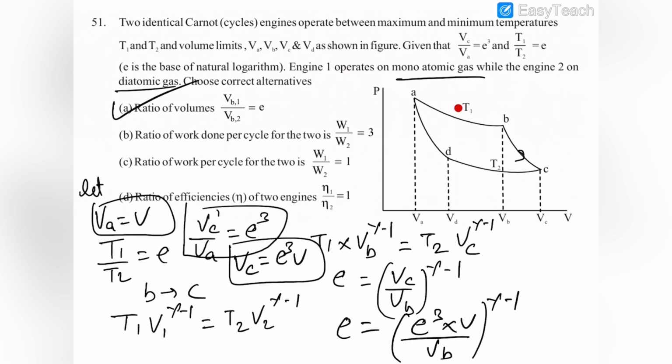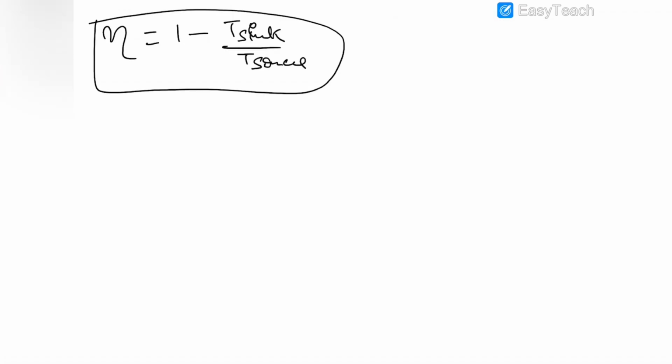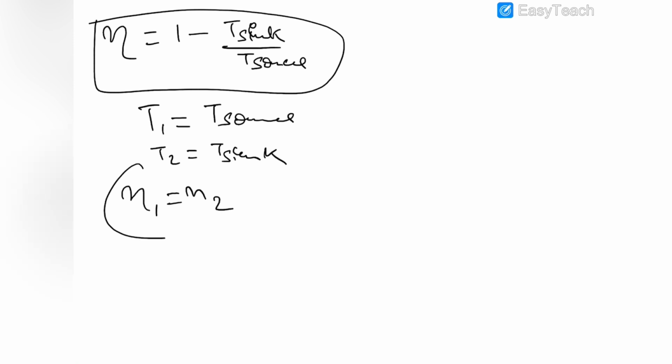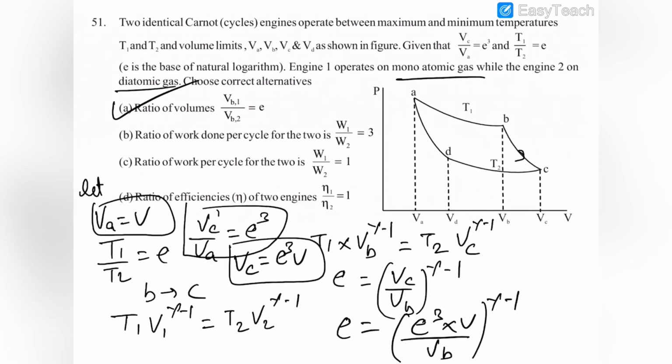The higher temperature is T1 and the lower is T2, so T1 is T source and T2 is T sink, which is constant for both of them. So eta 1 will be equal to eta 2, and therefore option D will be correct.